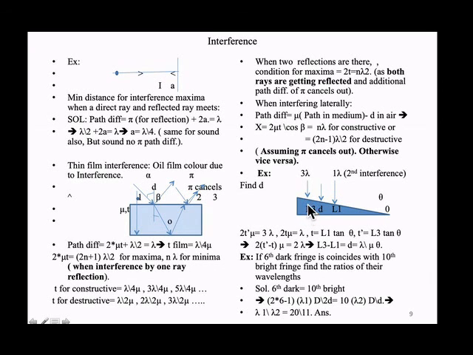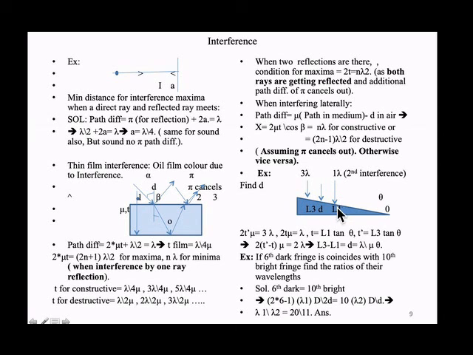The ray is coming and going back and having interference here, so 2T dash μ is the distance traveled by the ray. I am taking both got reflected, so both the π are cancelled out. 2T dash μ is equal to 3λ, because the oil film thickness is going on increasing.